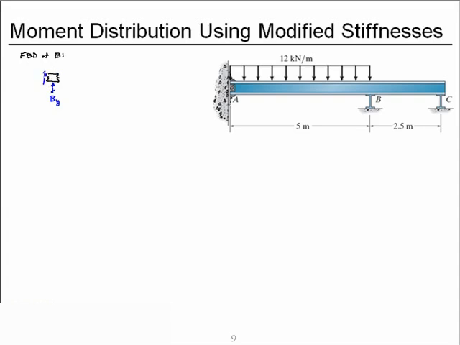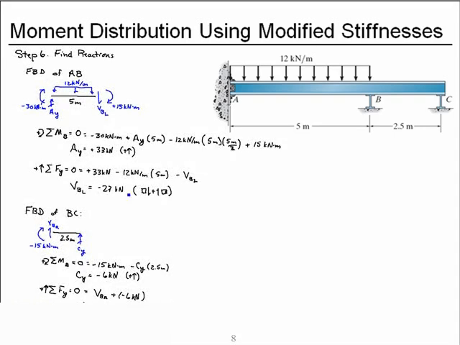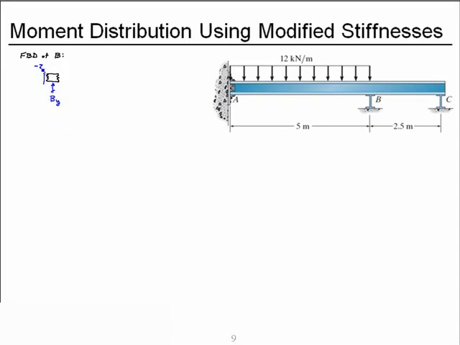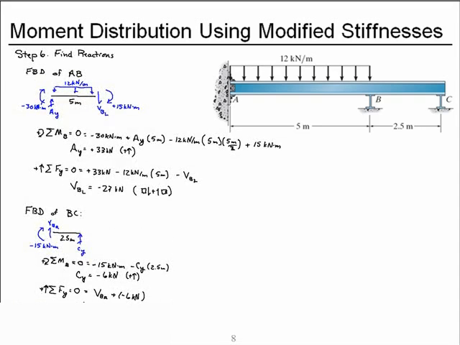I have the shear just to the left of B, which I found to be negative 27 kilonewtons. The shear just to the right of B, which I found to be positive 6 kilonewtons.